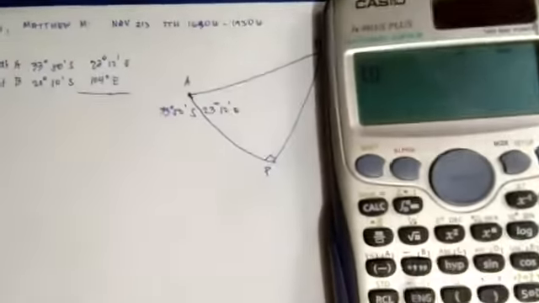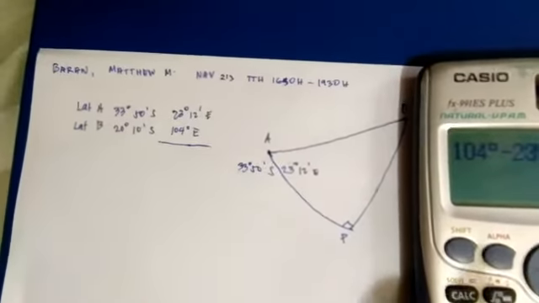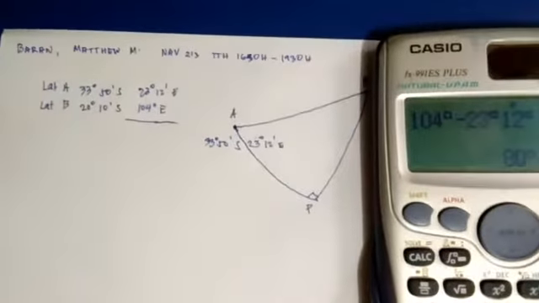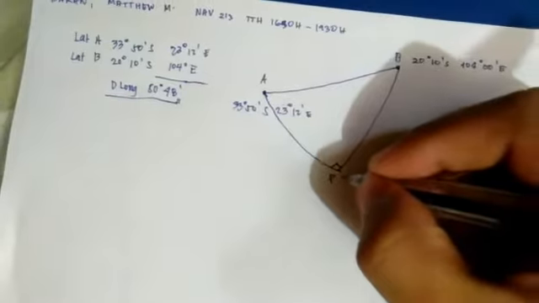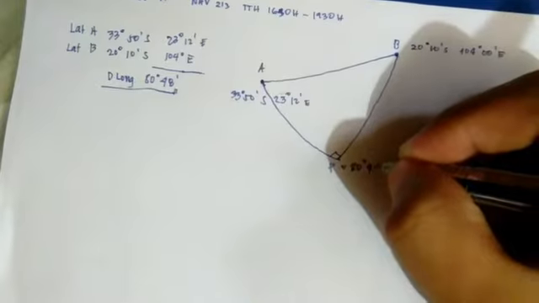So 104 degrees minus 23 degrees and 12 minutes. So we got a D-long of 80 degrees and 48 minutes. So that would be the value of our P here, 80 degrees and 48 minutes.